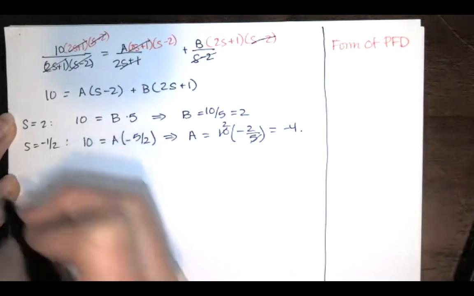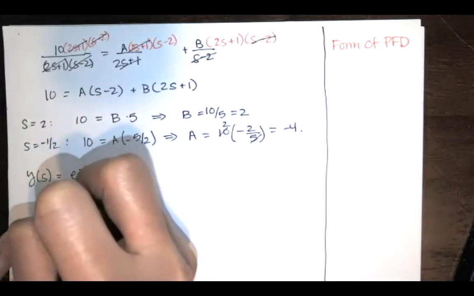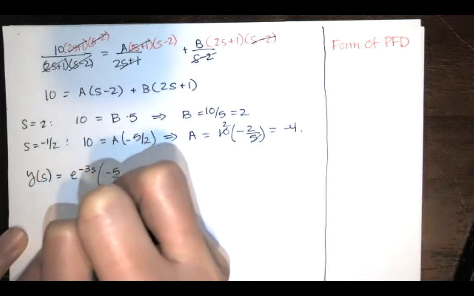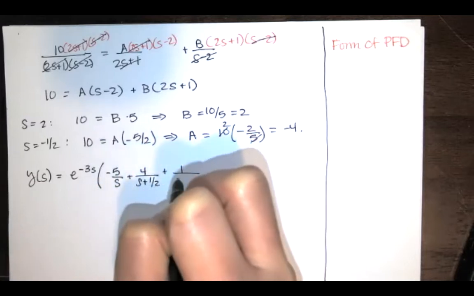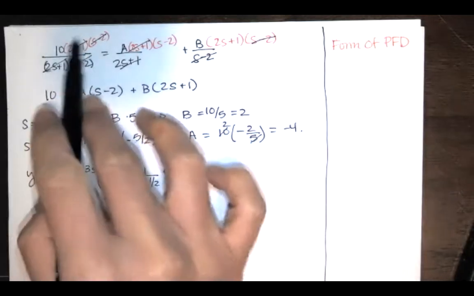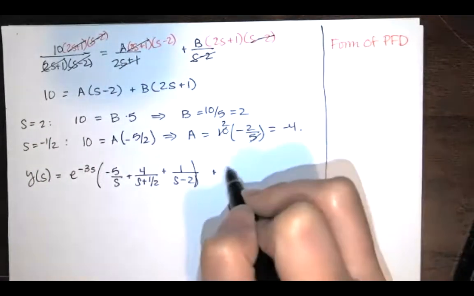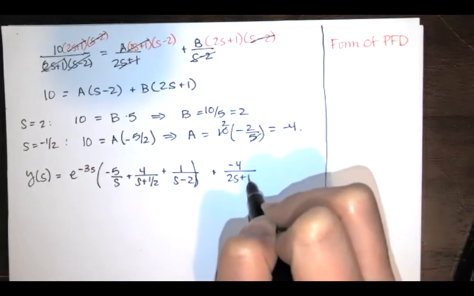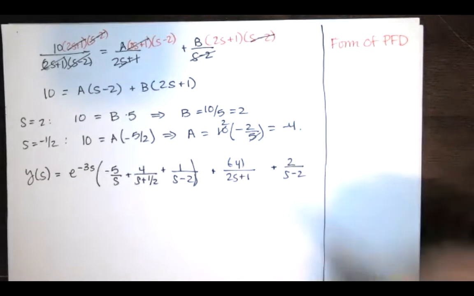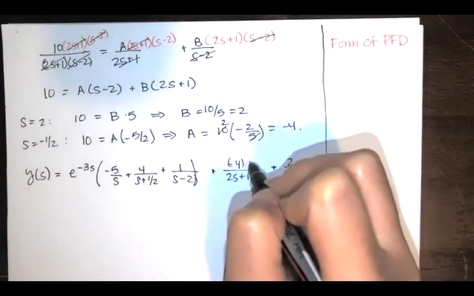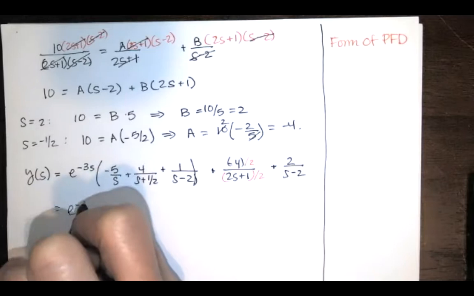So our Y of s is e to the -3s times this plus the partial fraction decomposition of this, which was a over 2s plus 1, so -4 over 2s plus 1, plus b over s minus 2. And we want this to be a 1, so we'll divide the numerator and denominator by 2 to make that a 1, so that it matches the form in our table.